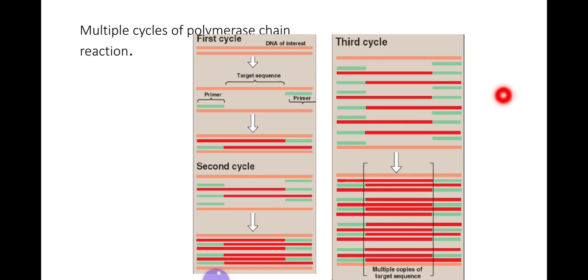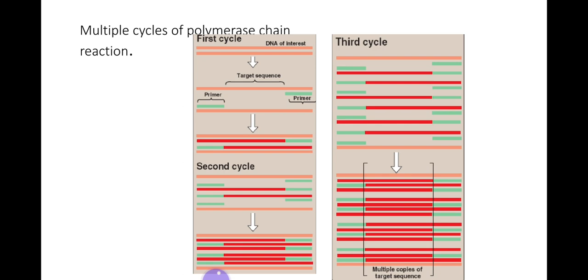In the third cycle, eight DNA molecules are produced. So this is the exponential increase in the number of molecules of the DNA. Each strand binds a complementary primer, and the step of primer extension is repeated again and again so as to increase the amount of the DNA.